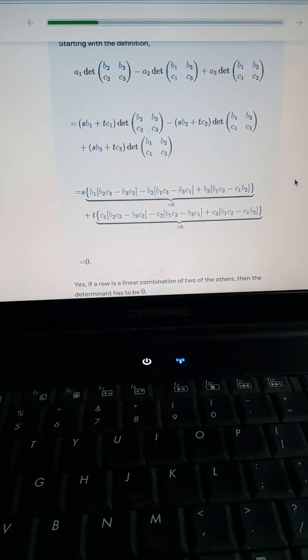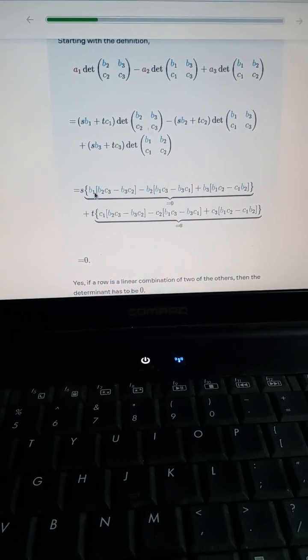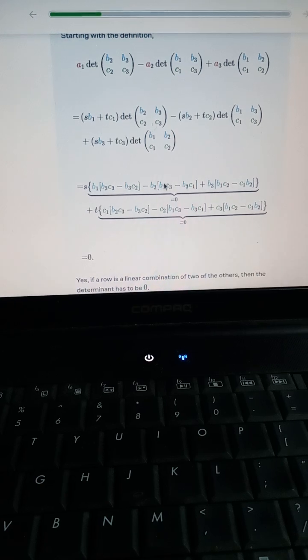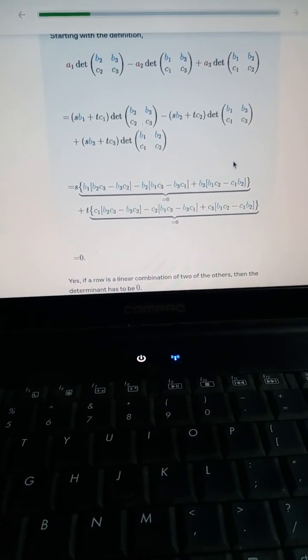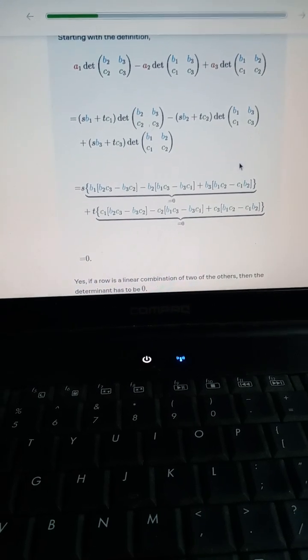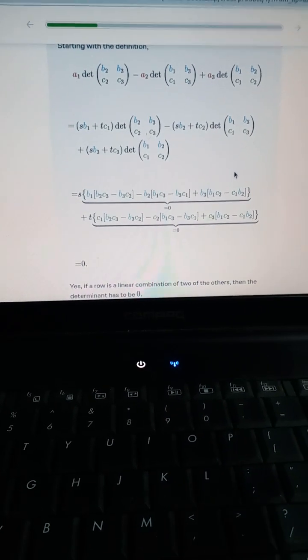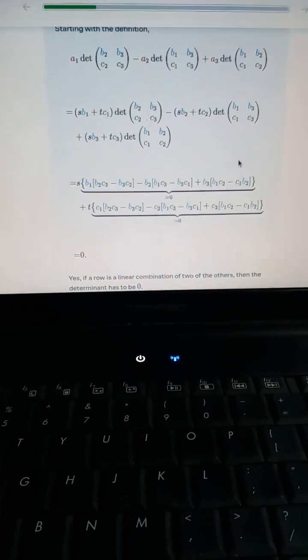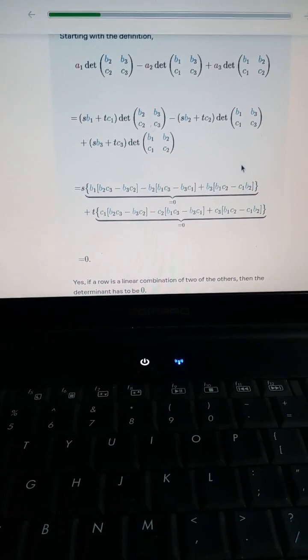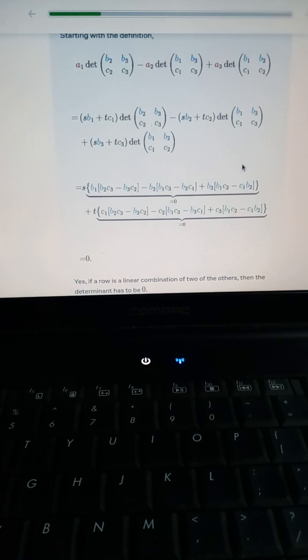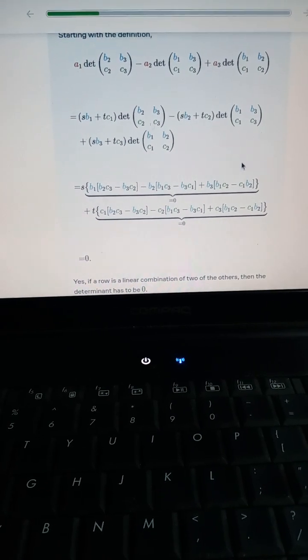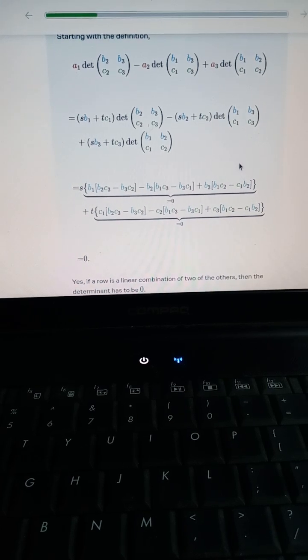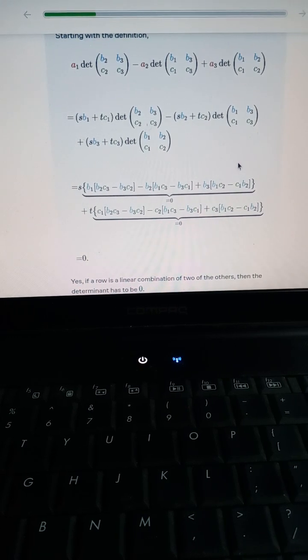That's the explanation. So you ask yourself, why is this whole thing in here zero? Is that really all you need to say to prove that that's zero? Because I tell you what, if B and C are not linearly independent, what happens?